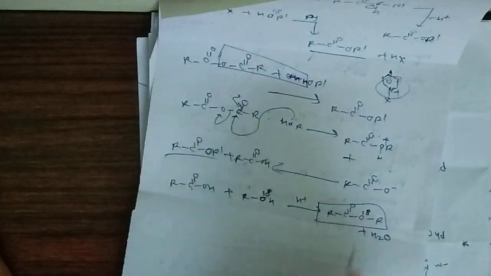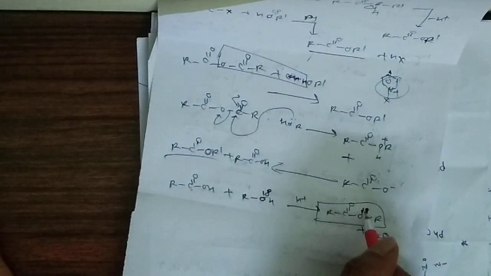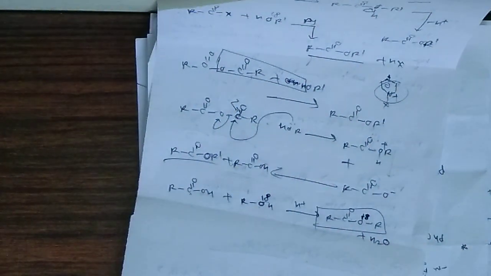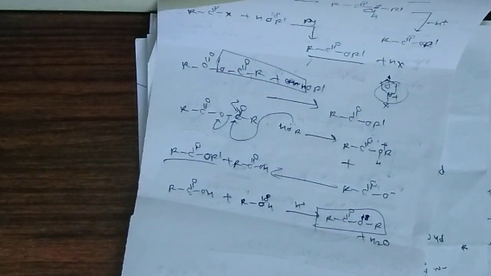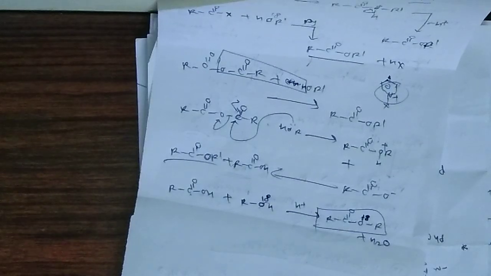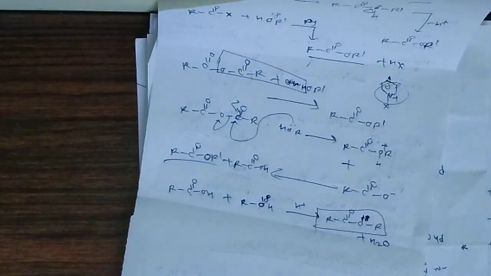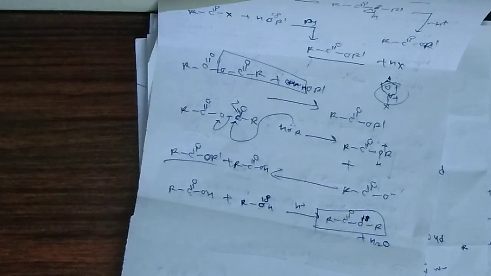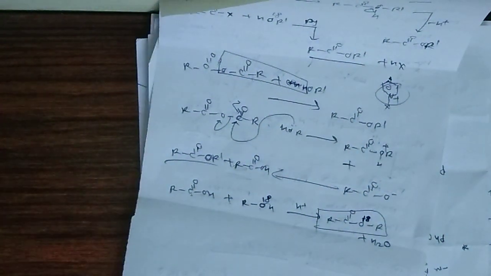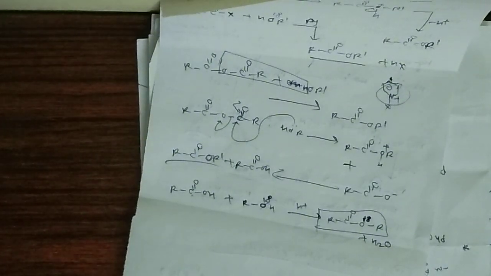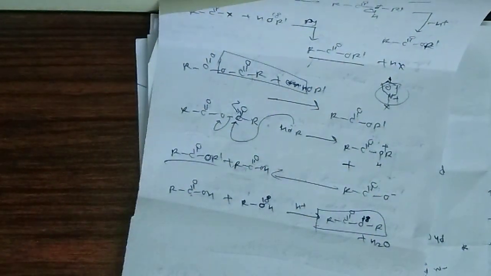So due to the substitution of the isotope we can easily find out from which molecule, alcohol or acid, the oxygen in the ester comes. So by labeling the oxygen we can easily solve that problem.